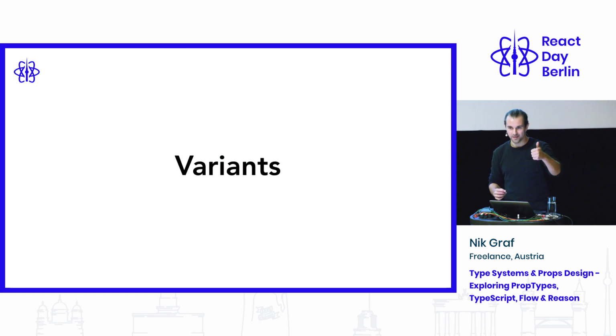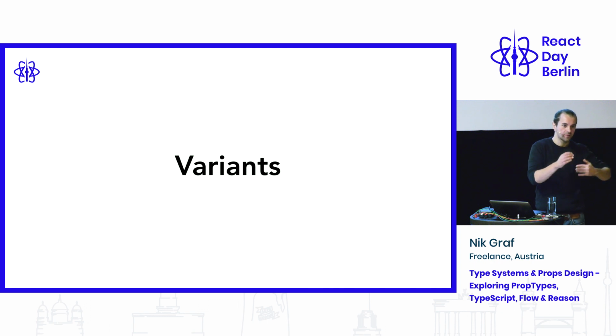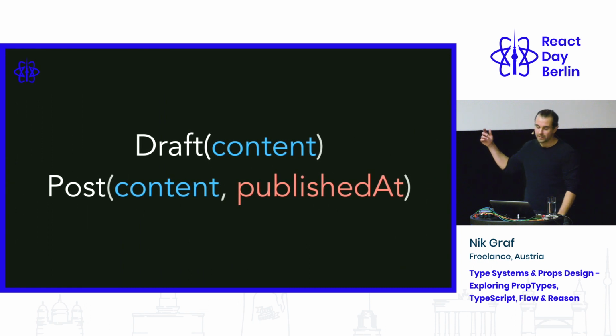So discriminated unions, disjoint unions, or variants, aka tagged unions, as used in computer science, serve the same purpose with different ways of getting there in the implementation. One thing that is nice about the Reason version, I mean, it looks completely different, so you mightn't be used to it, but you don't need this extra status thing. You can just get rid of it, and you don't have to pass an extra prop.